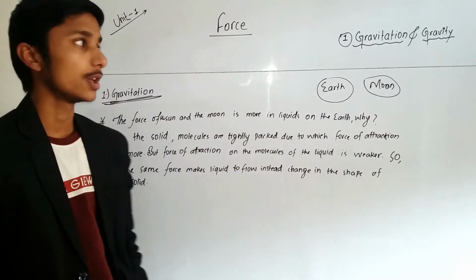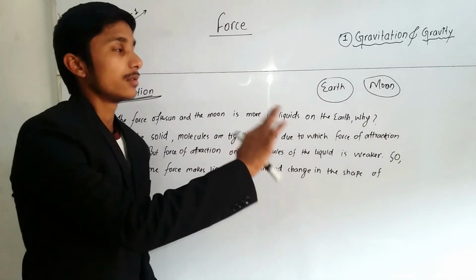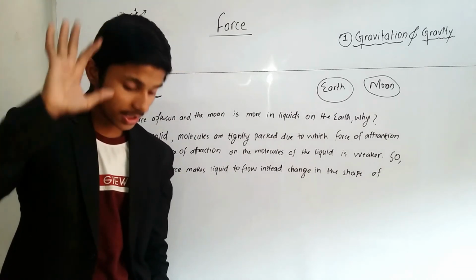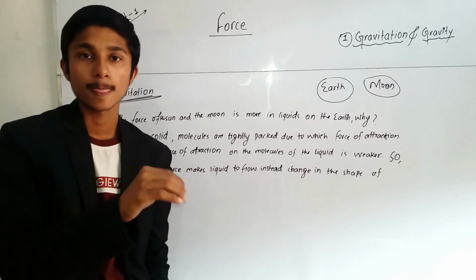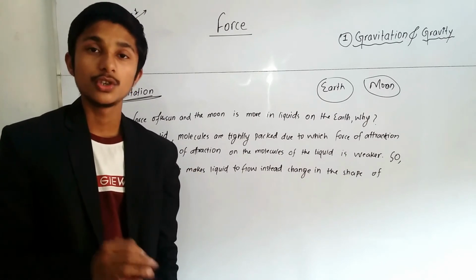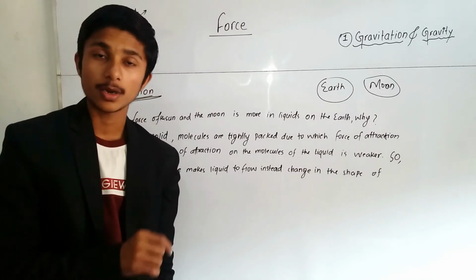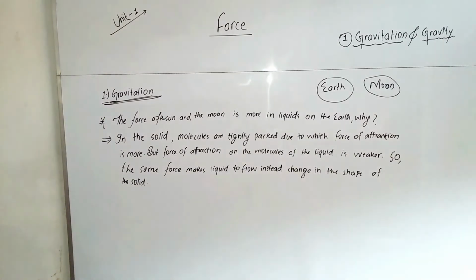Okay. For example, see here, gravity. Suppose I am leaving this marker. The falling of the marker from a certain height on the earth is due to gravity. The cause of this fall is gravity. Okay.